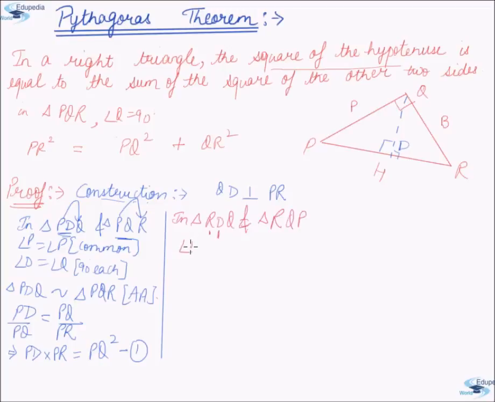Now in both the triangles, angle R is equal to angle R, that is common to both, and angle D is equal to angle Q, which is 90 degrees in both the cases. So by double A criteria, we can say that RDQ is similar to triangle RQP.